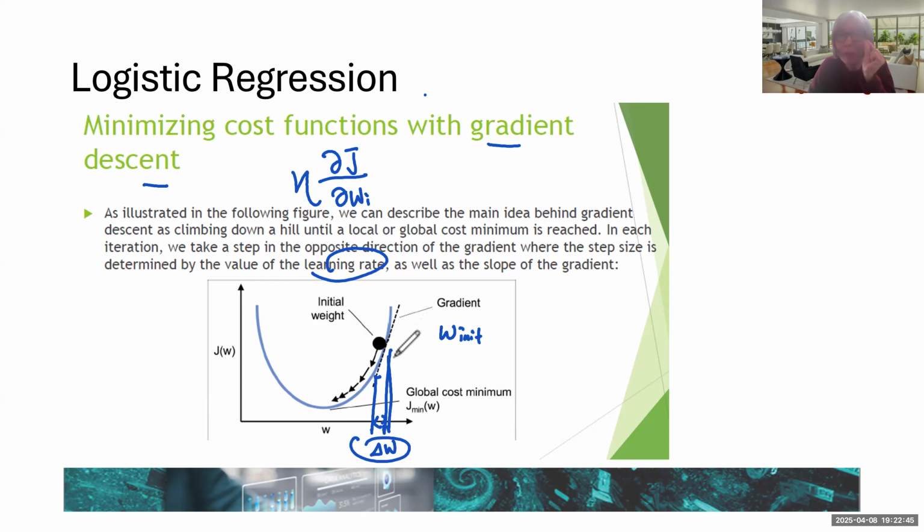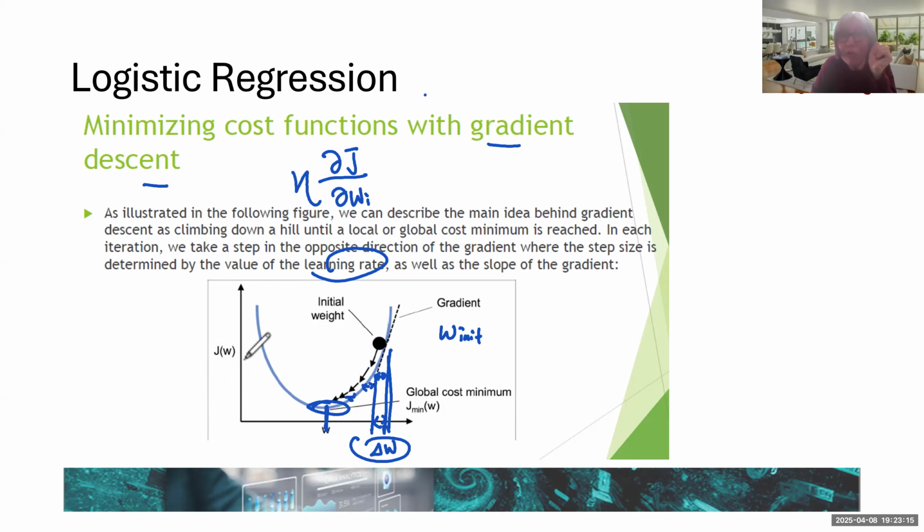Some initialized weights, okay, you can assume. Anyway, it will be on this curve. So then with the weights decreasing for each step, you will get closer and closer to the area where the weight will lead the cost to be the lowest, the minimum.